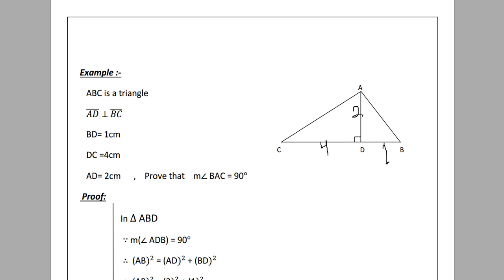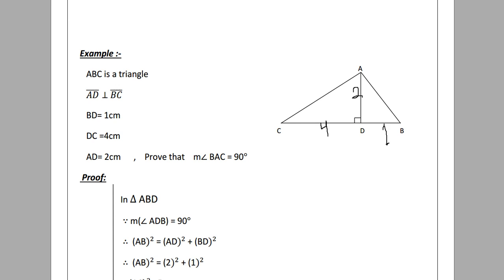In the triangle ABD, let's start with this triangle here. We already know that it is a right angle triangle because AD is perpendicular to BC. So the measure of angle ADB is 90 degrees. So we can use the Pythagoras theorem to get AB. AB squared equals AD squared plus DB squared equals 2 squared plus 1 squared.